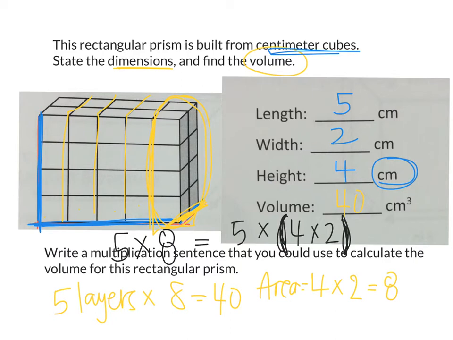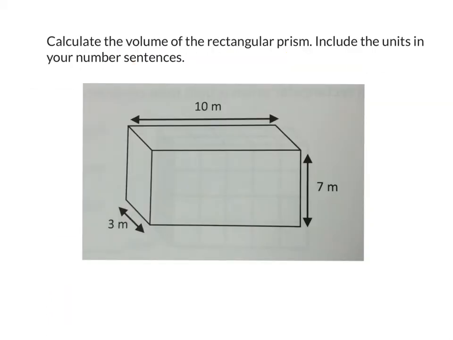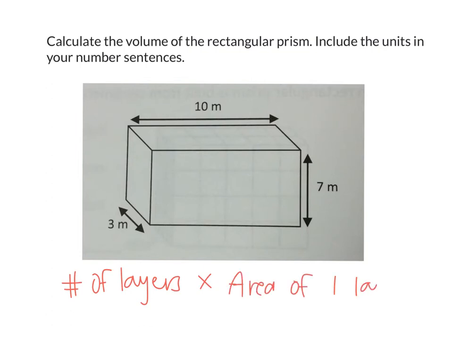It shows me that you understand that 4 times 2 is the area of one of the faces. So if you don't put the parentheses, it shows me you do not fully understand. Remember, to find the volume, we just multiply the number of layers by the area of one layer. Do you guys agree?